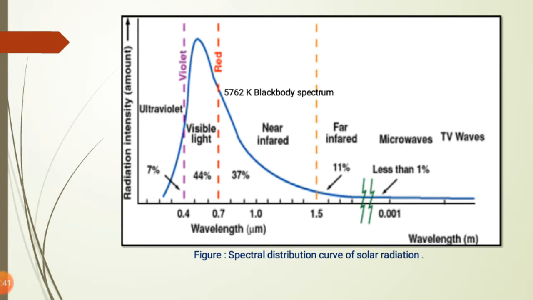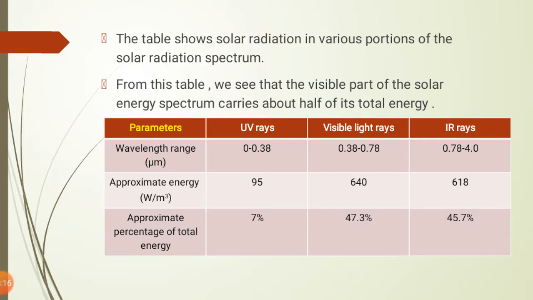This curve shows the spectral distribution curve of the solar radiation, that means it gives the spectral distribution of the solar radiation or radiation intensity which is coming from the sun. This is about the solar radiation outside the earth atmosphere, so this curve shows the representation of that.